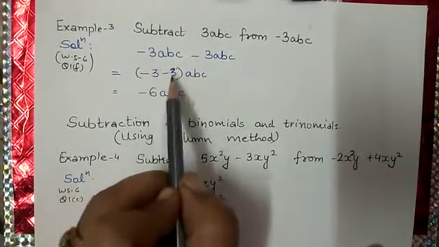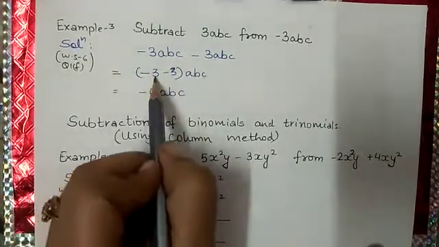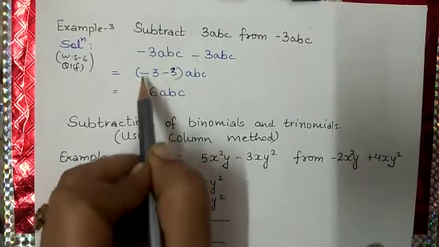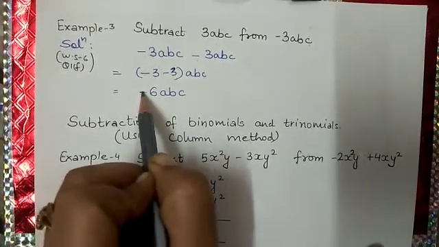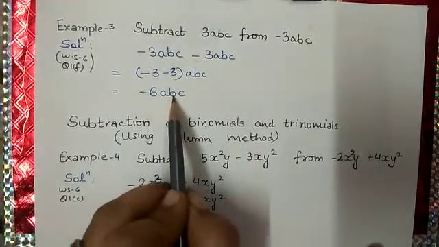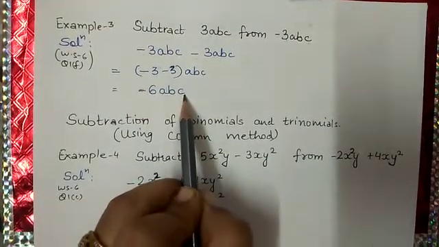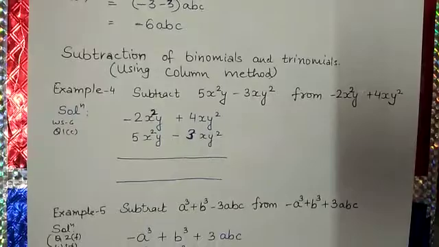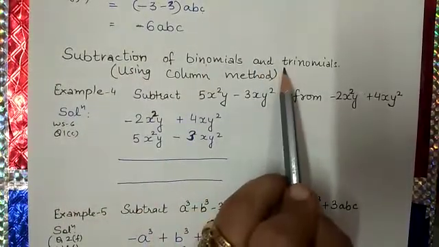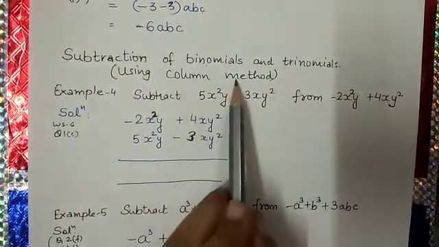Minus 3, minus 3. Right? Like signs will be added, with the sign of both numbers. So it became minus 6abc. Clear?